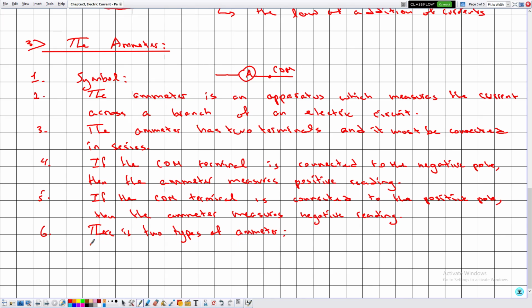The first is the digital ammeter, which measures current by displaying a numerical value.